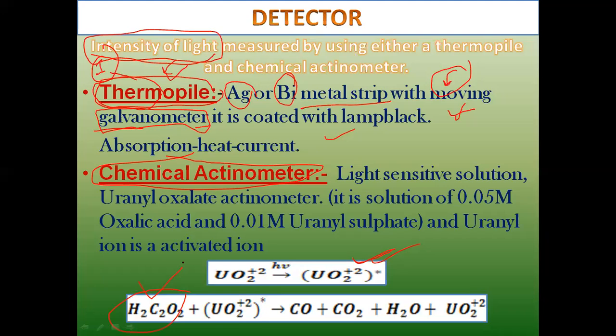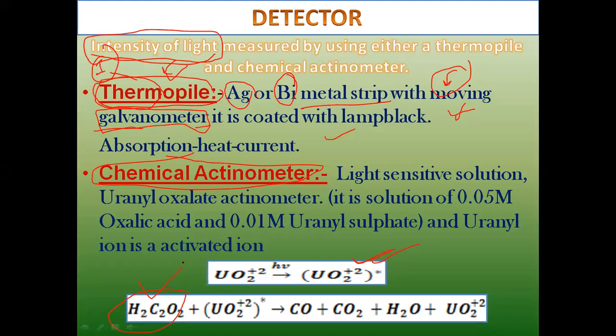We know that in the photosynthesis reaction there is chlorophyll. When chlorophyll interacts with light, it absorbs light from the visible region and goes to the activated mode. It is excited, and due to the excitation it transfers its energy to CO2 and H2O molecules, which then react to each other and form glucose plus oxygen.